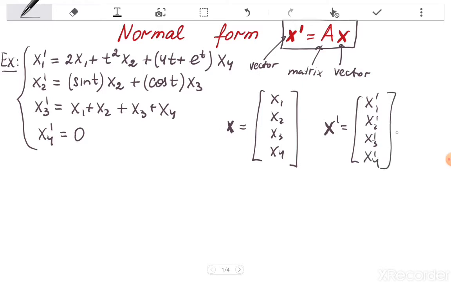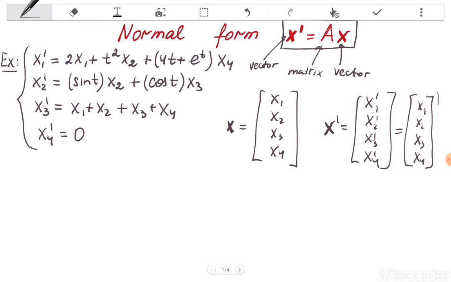Sometimes for simplicity it can also be written as x1, x2, x3, x4 prime, this way of writing is also possible.